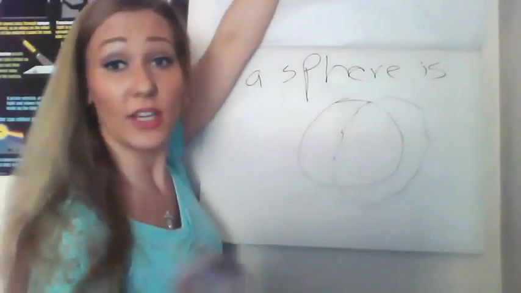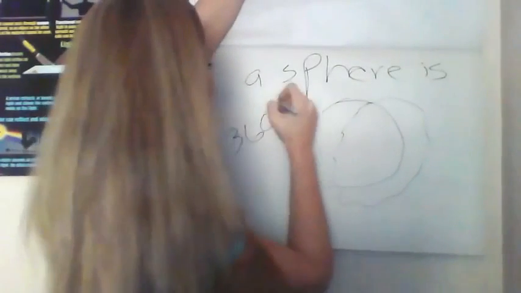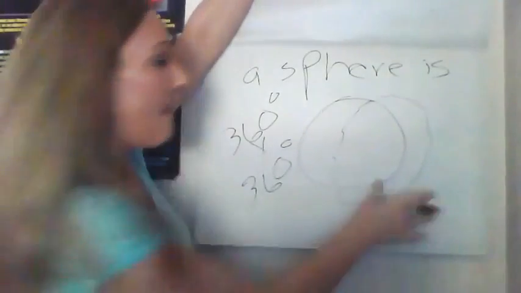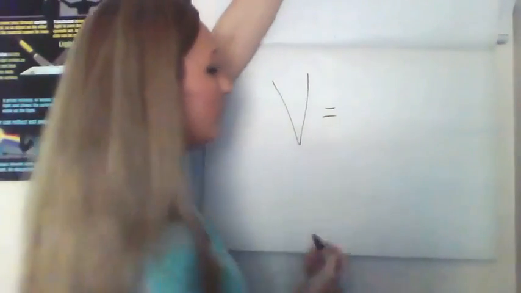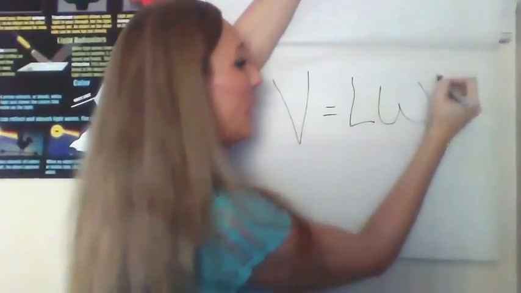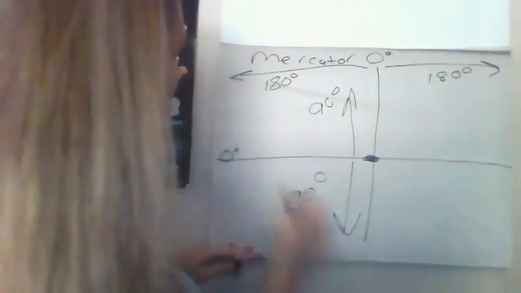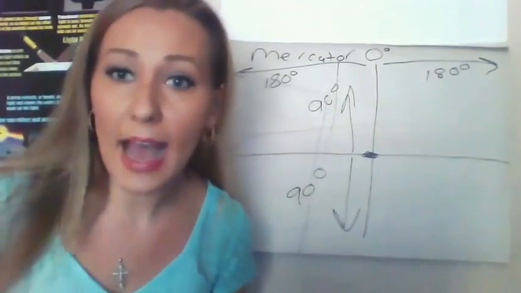Anyway, the dimensions of the spheres are 360 degrees by 360 degrees. The formula to find a three-dimensional object is to find its volume, which is length, width, and height. Length and width. Where is the height?